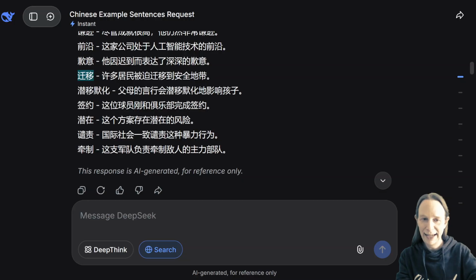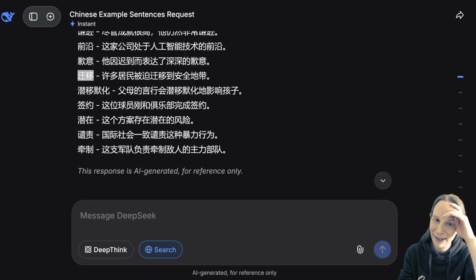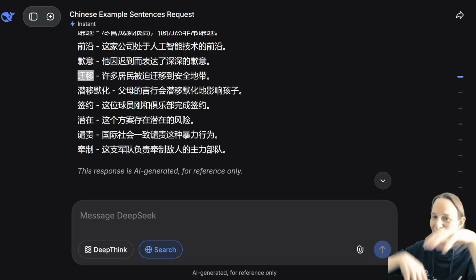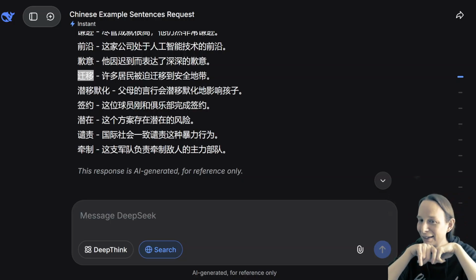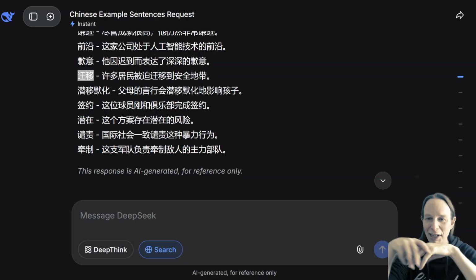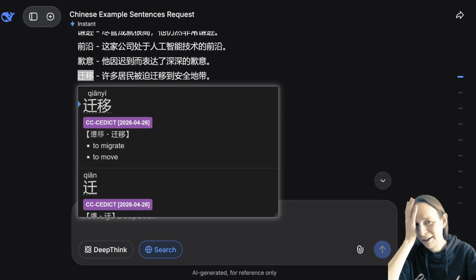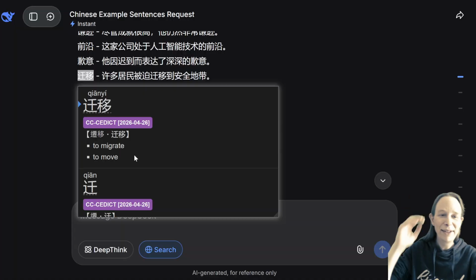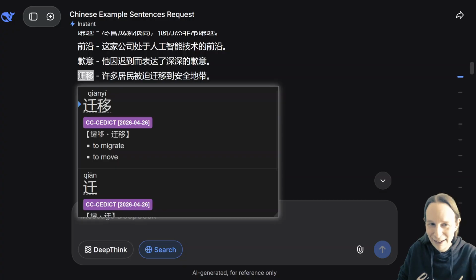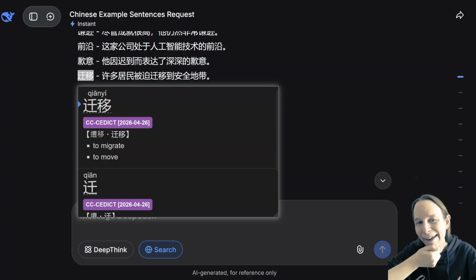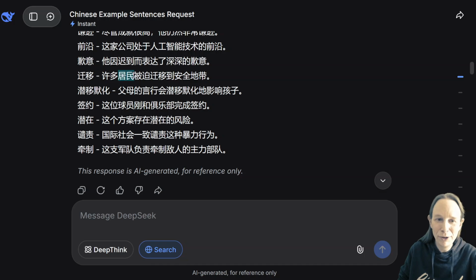This is something like a lapse. So just the gradual changes, gradual long-term changes of things. No, I'm getting too many words. I said this before, didn't I? Migrate, 迁移, migrate. 许多居民被迫迁移到安全地带.